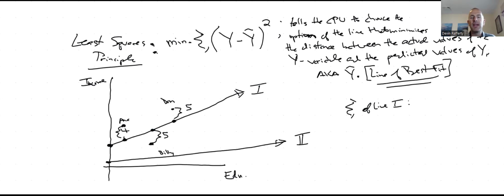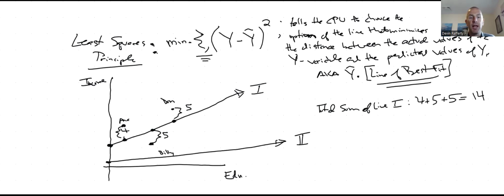So the summation, I'll just call it the total sum of line 1, right? Remember sigma? Sigma means the total sum, add up the summation. So the total sum of line 1 is 4 plus 5 plus 5 equals 14. Okay, 14 here.